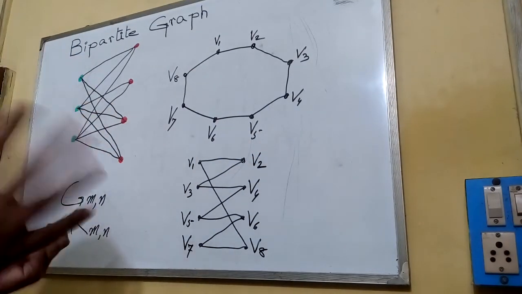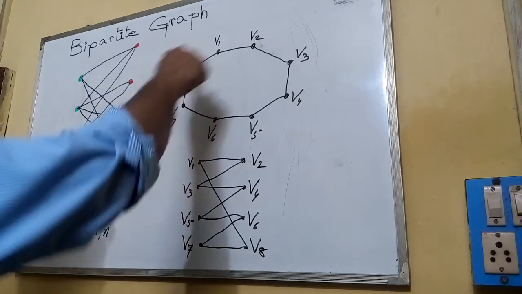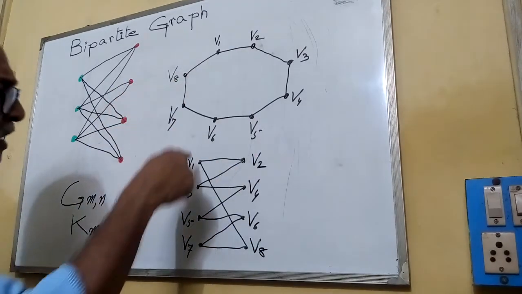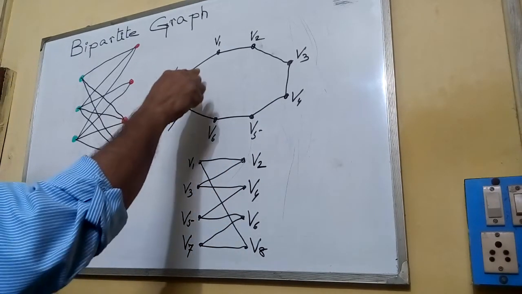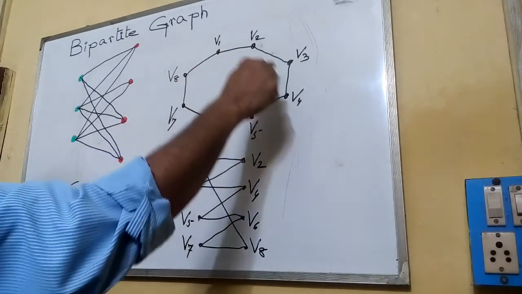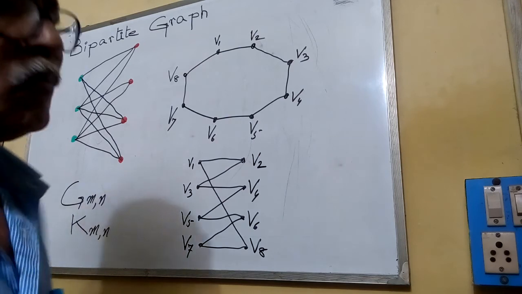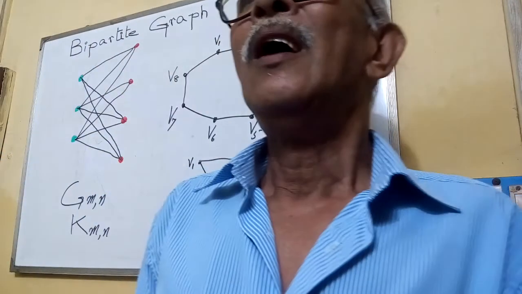One more thing, if you can remember, it will help you. In this graph you can see a cycle is there. This is also a cycle, the same cycle drawn in a different style. How many edges are there? 1, 2, 3, 4, 5, 6, 7, 8 edges are there. So which one is a bipartite graph?